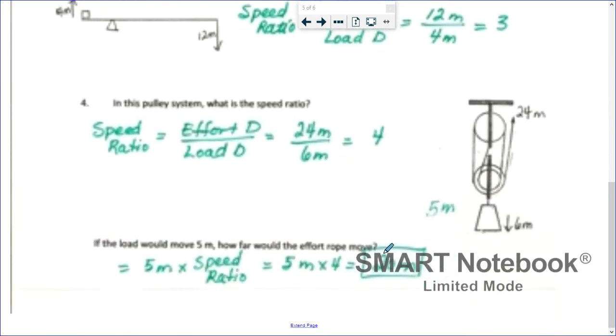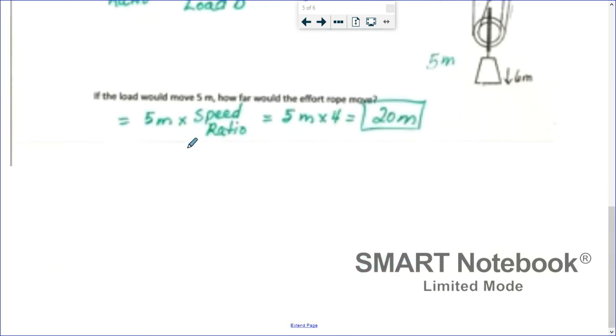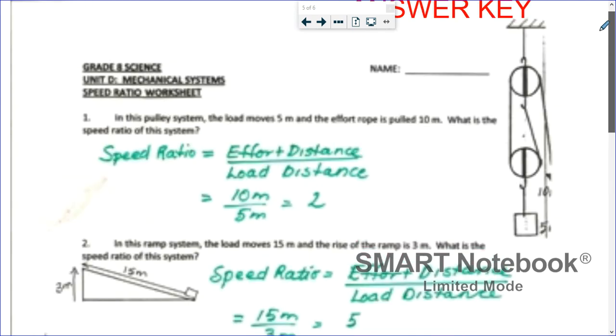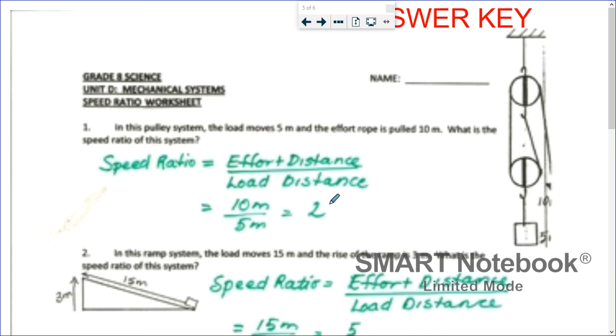And number 4, the speed ratio is 4. And then the extra question: how far would the effort force move if the load moves 5 meters? The answer is 20.